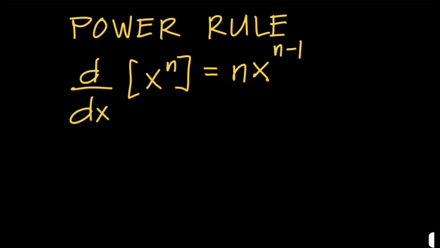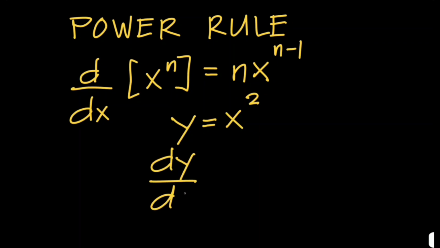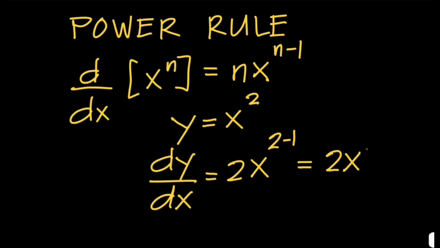So let's say we're given a function y equals x squared. So the derivative of y here with respect to x is just equal to 2, the exponent, times x to the power of 2 minus 1. And this is just equal to 2 times x to the 1, or simply 2x.